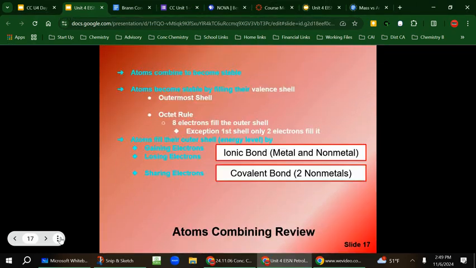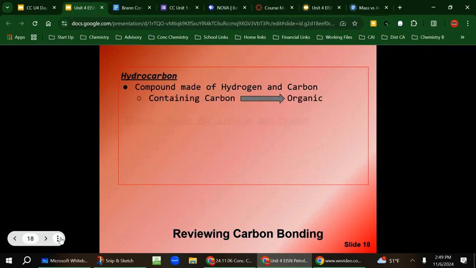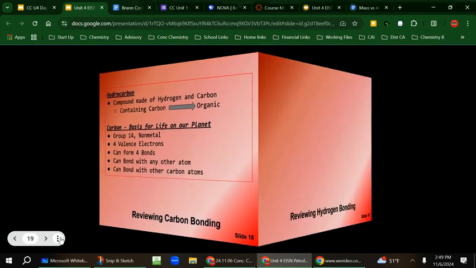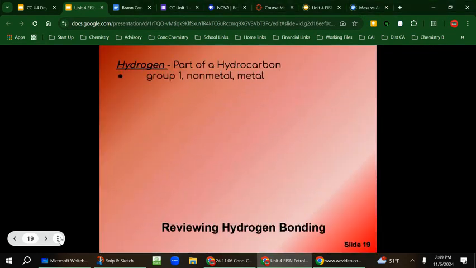Needs 2. First level needs 2. Well, hydrogen has 1, which means it's how full? Half. It's half full.